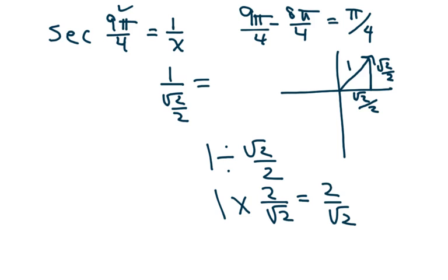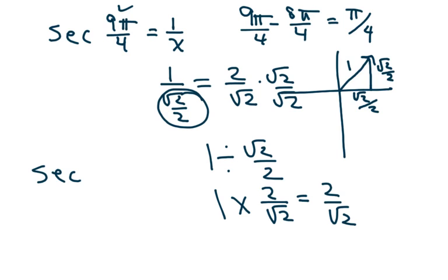All you have to do is flip it. And rationalize it. And you're going to get secant of 9 pi over 4 equals 2 root 2 over 2. The 2's cancel, so you're left with root 2.